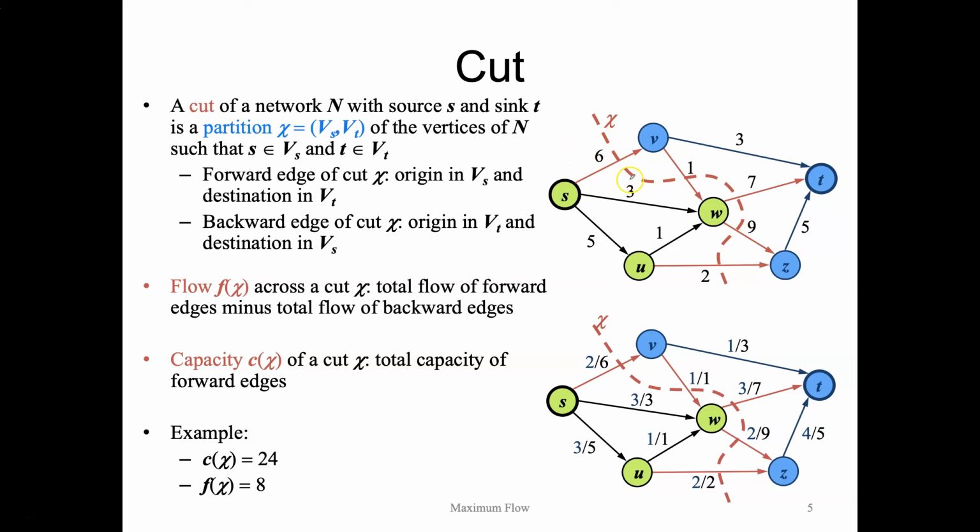So edges we could classify as either forward edges, they go from this set VS, which includes all those vertices including the source. So these are forward edges, they go from, in this case, a green vertex to a blue vertex.